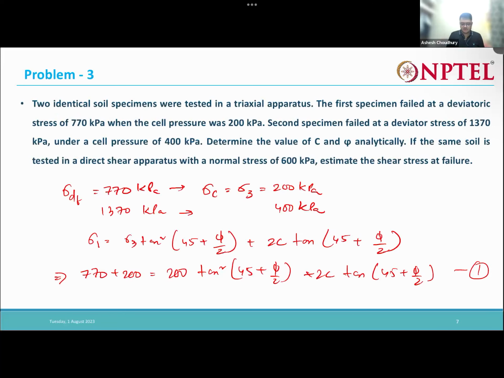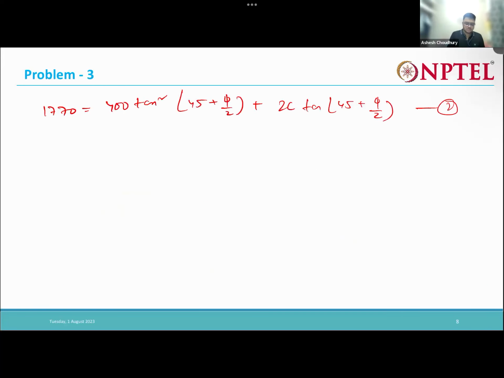If we solve these two equations, we will get phi as 36.87 degrees and C as 42.5.